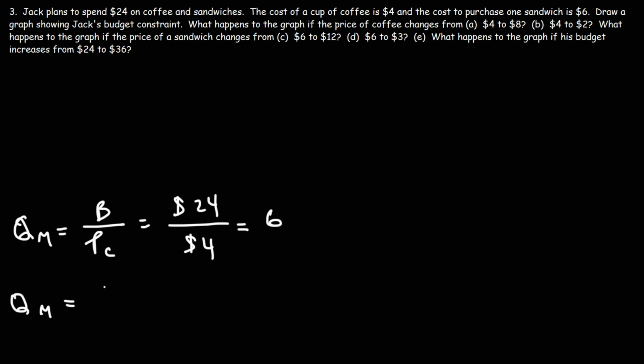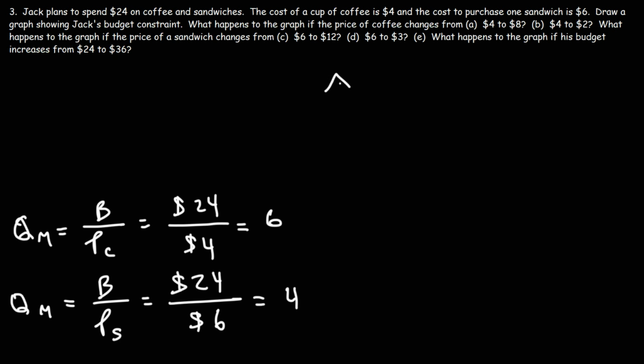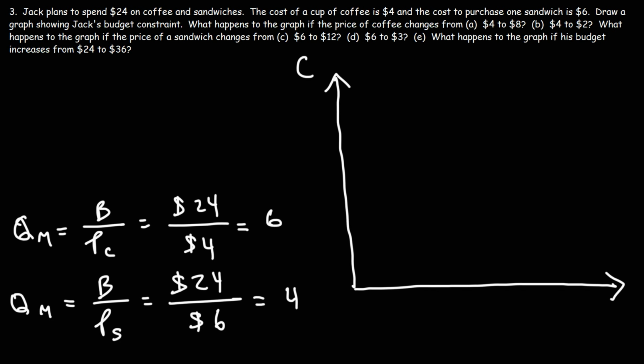Now, for the number of sandwiches, it's going to be the budget divided by the price of the sandwich. The price of each sandwich is currently $6, which means at a budget of 24, the maximum number of sandwiches that he can buy is 4. So now let's plot the cups of coffee on the y-axis and the number of sandwiches on the x-axis.